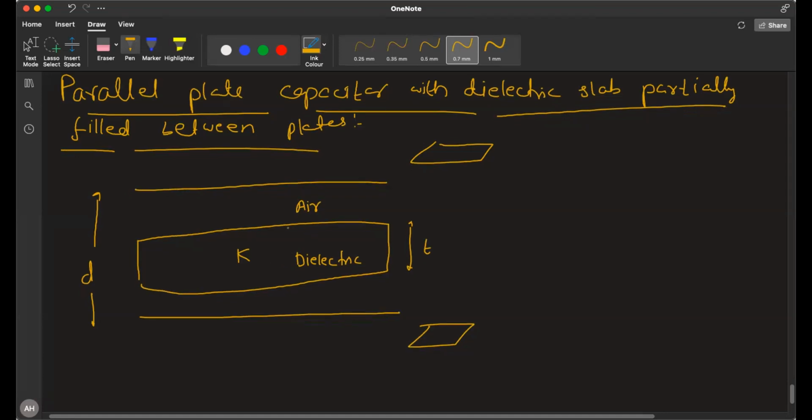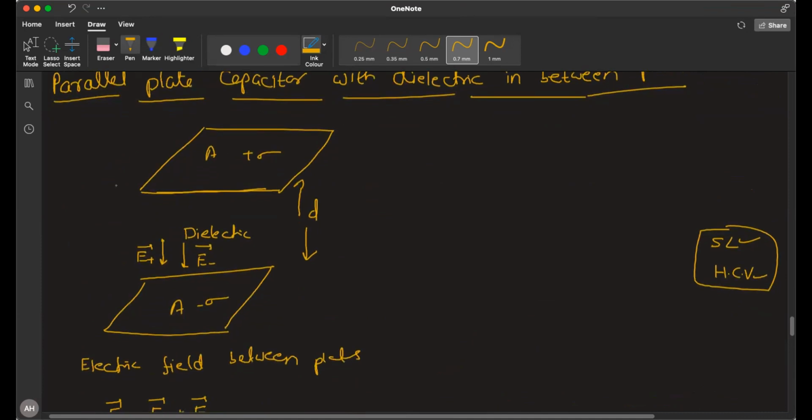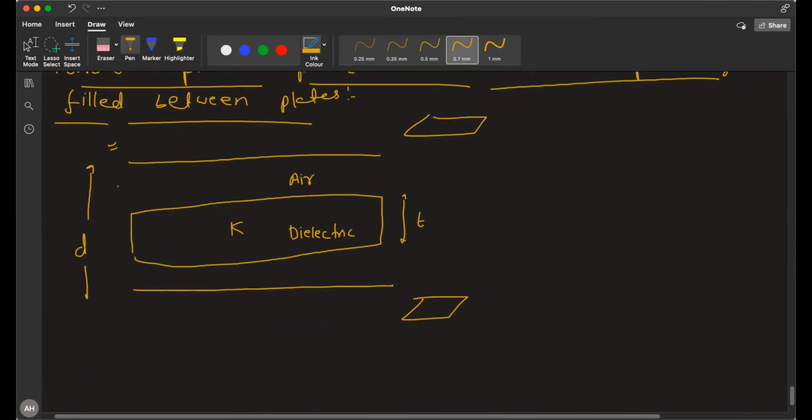You need the capacitance of the system. Minashi, what's the difference between this particular system and the case that we did earlier? In the first one, we have only dielectric medium, and in the second one, we have air. Yes, here the dielectric is partially filled.